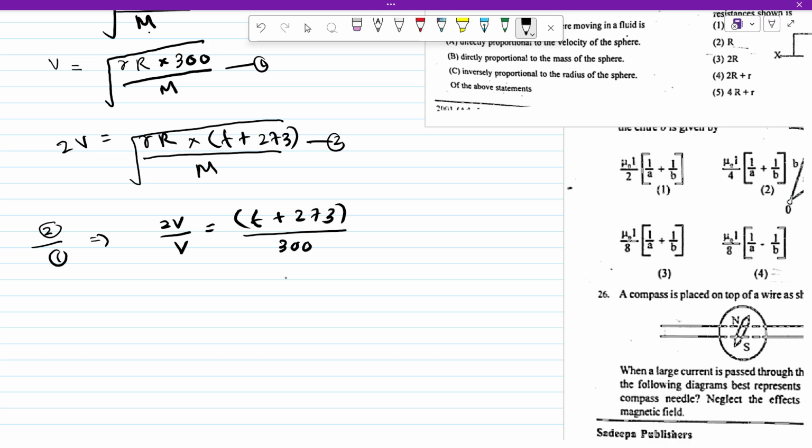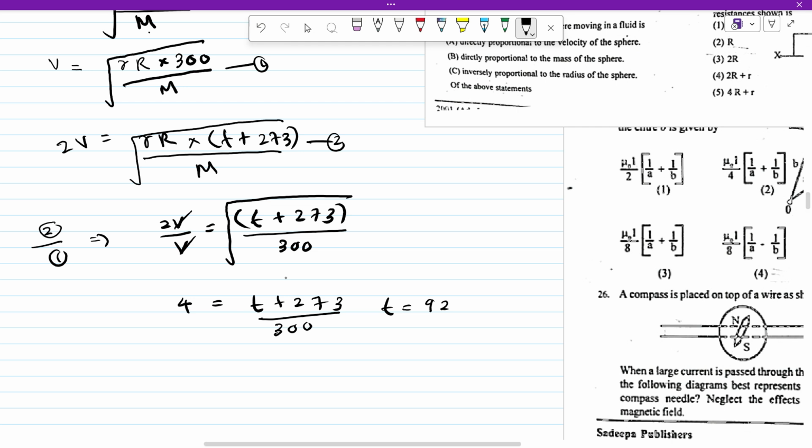You should be getting a square root like this, and then V to V cancels off. So twice 2, 4, then the root is removed: 4 equals T plus 273 divided by 300, thereby the value of T you get as 927 degrees Celsius.